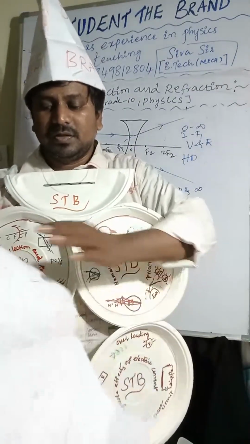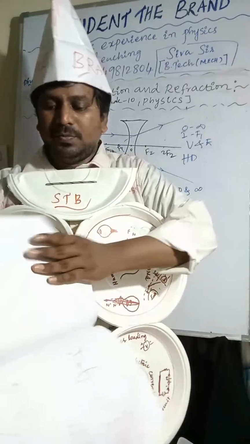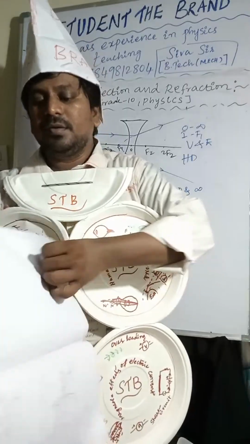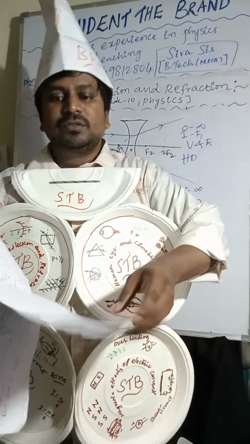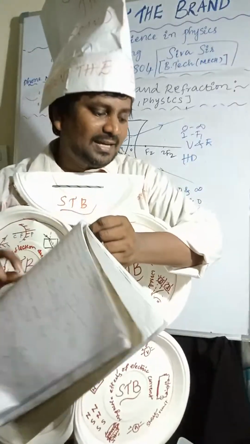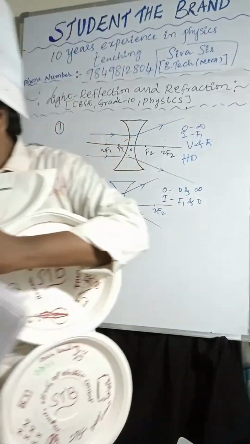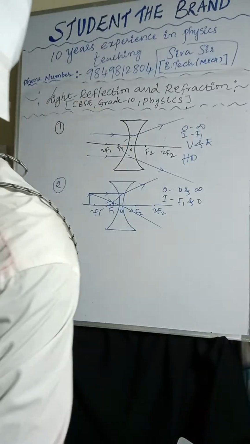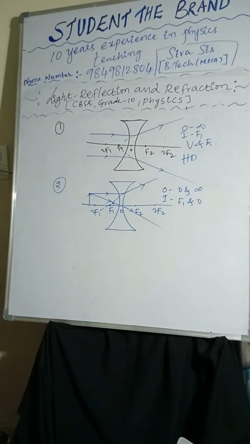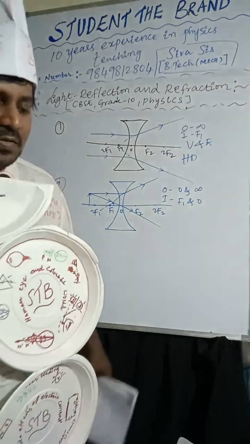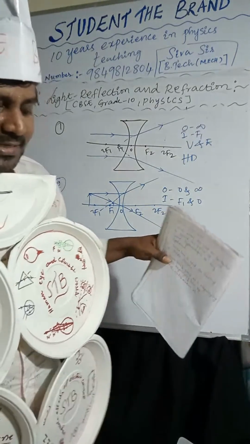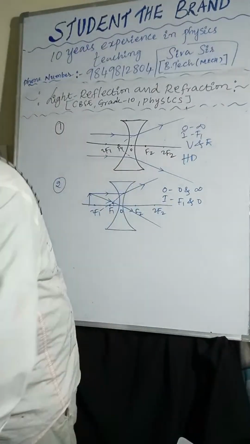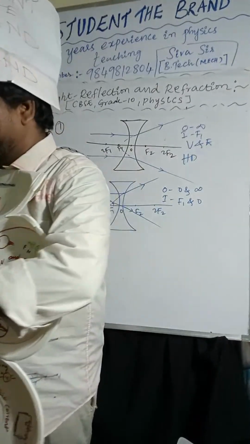Next, lenses. I hope we completed everything related to lenses. Uses of lenses are there. So use of convex lens. I have to show the convex lens here. This is a convex lens and concave lens designed and crafted by me, by Shiva sir.